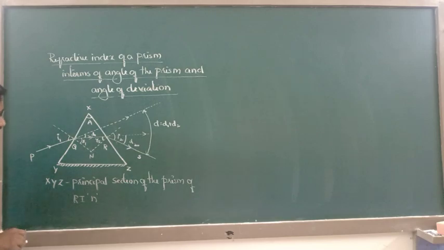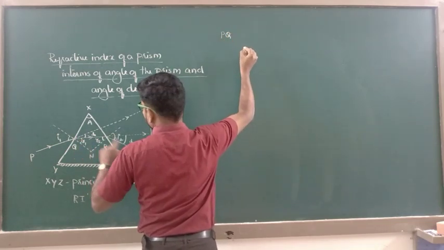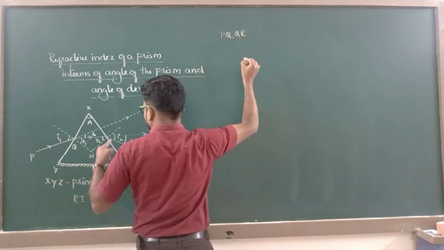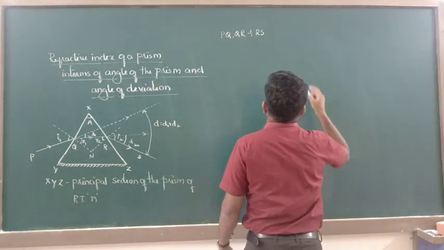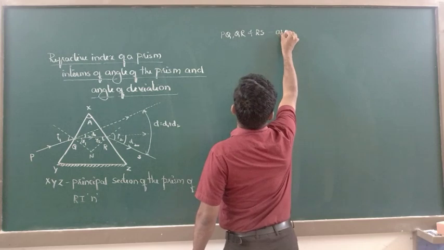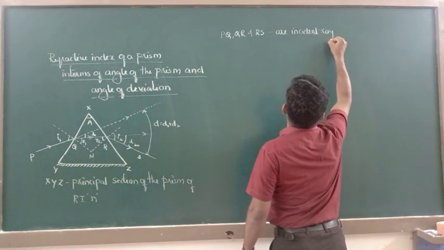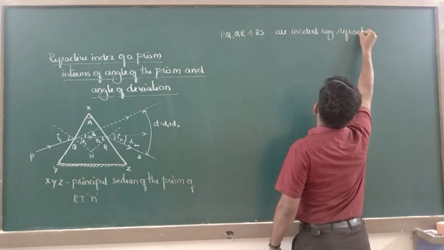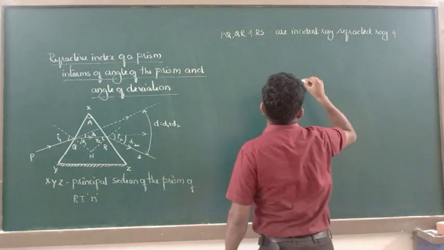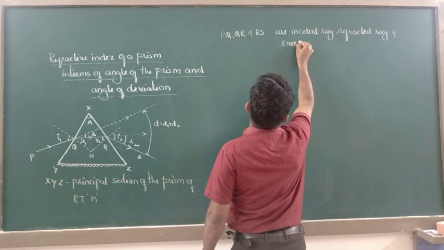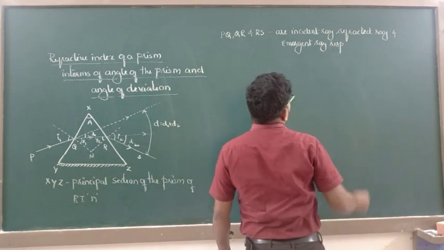PQ, QR and RS are incident ray, refracted ray and emergent light respectively.